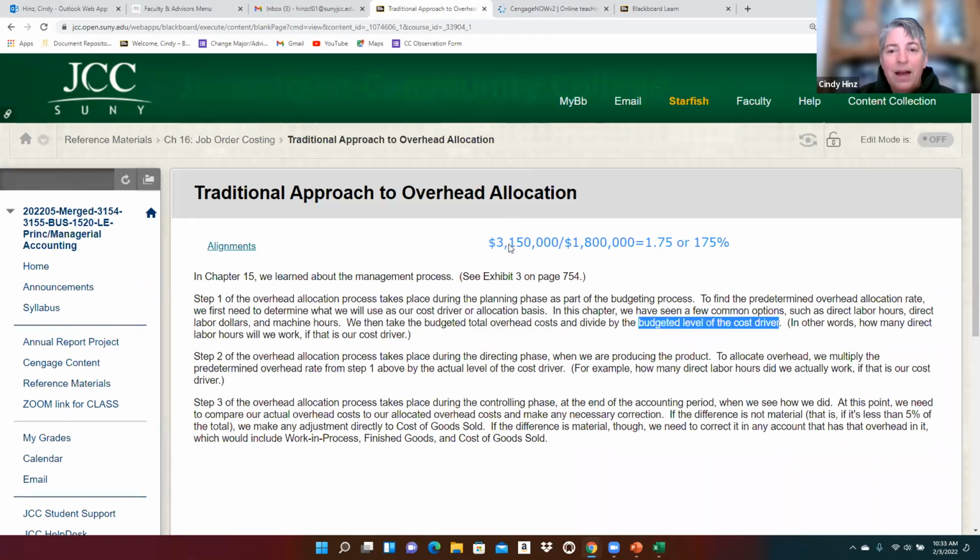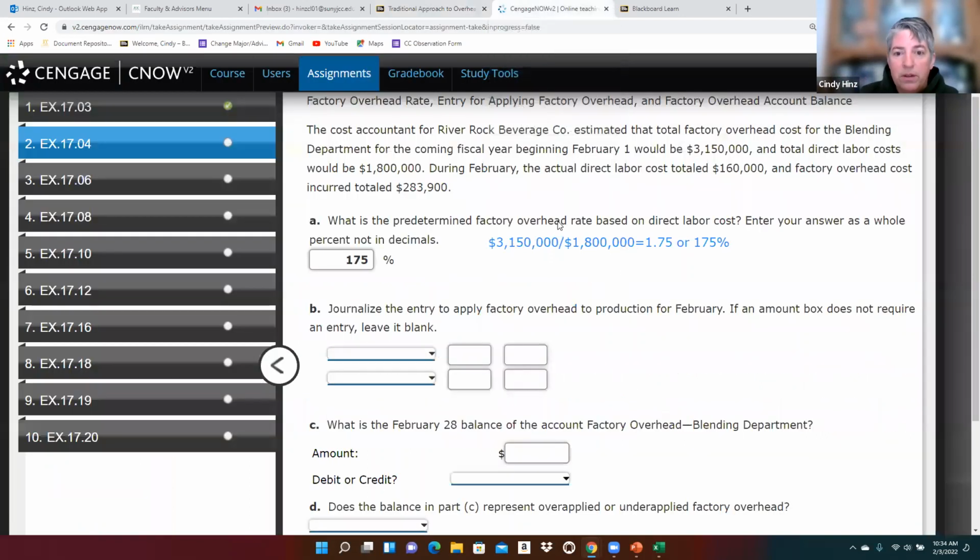So we want dollars of overhead per, in this case, dollars of direct labor. It could be dollars of overhead per machine hour or per direct labor hour, but whatever the cost driver is needs to go in the denominator, the bottom part of the division. Make sense? Yep, that makes sense. Thanks.